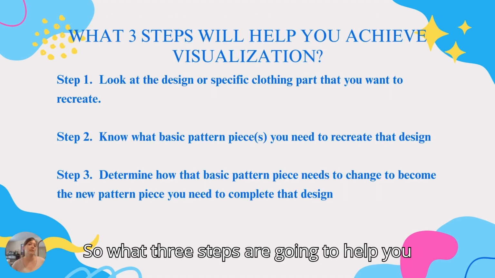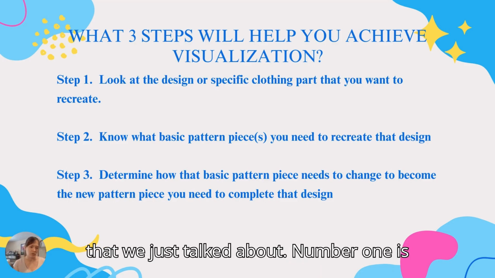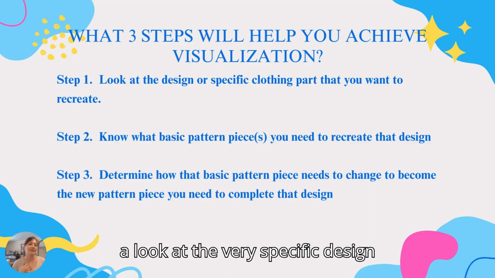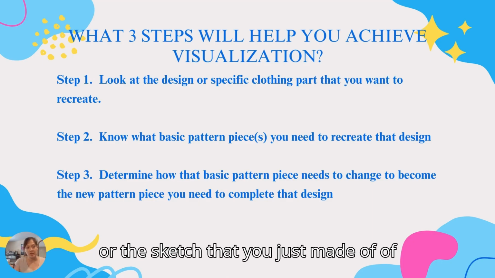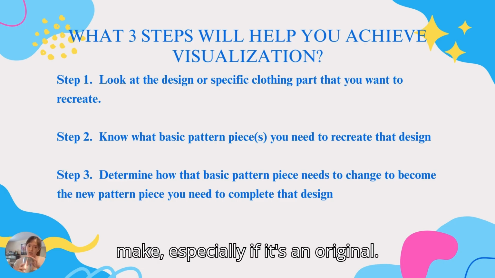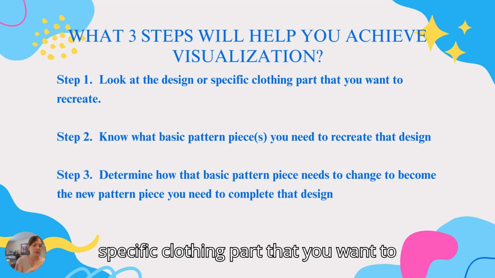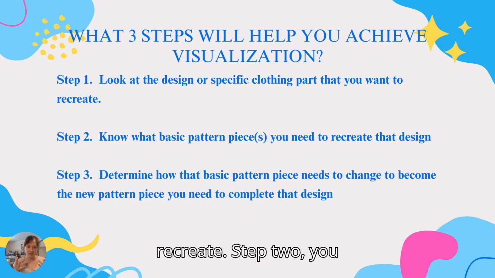So what 3 steps are going to help you achieve visualization? Basically the 3 that we just talked about. Number 1 is look at the very specific design or the sketch that you just made of the clothing design that you want to make, especially if it's an original. Look at that specific design or a very specific clothing part that you want to recreate.